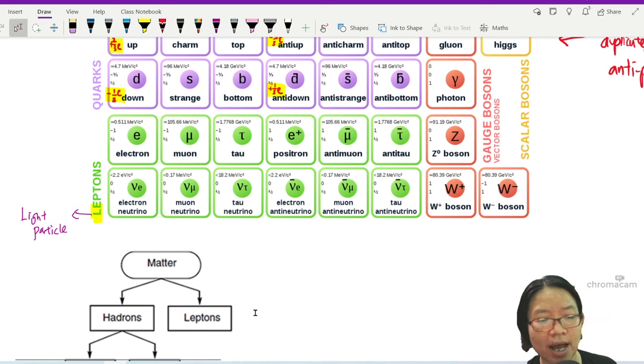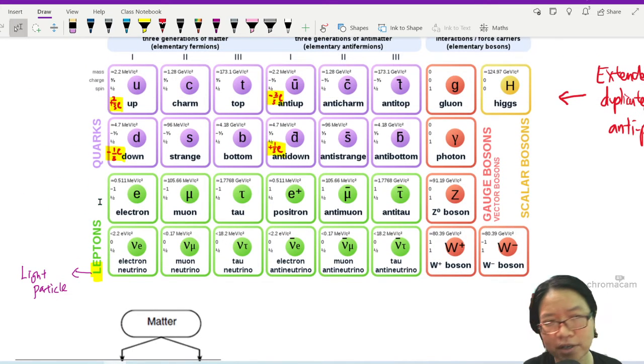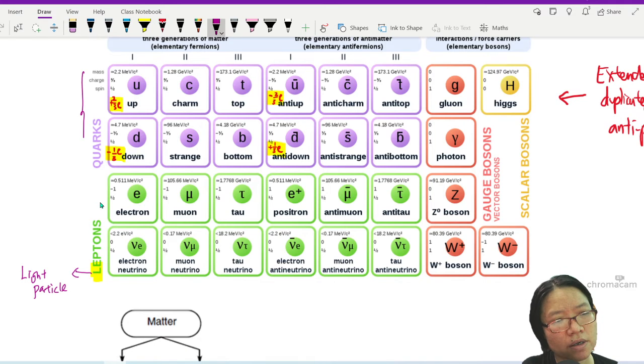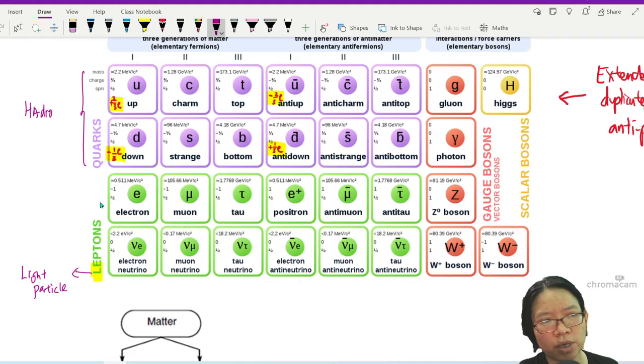And hadrons are made out of quarks. So everything that is heavier or has a large mass, everything that is heavier here, we can call hadrons. So whenever you see the "ons", it's for particles. And this H stands for heavy.